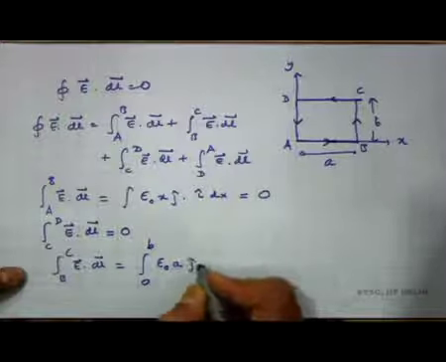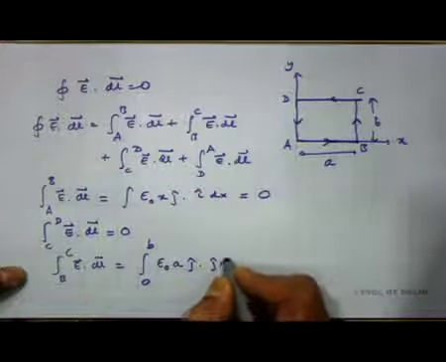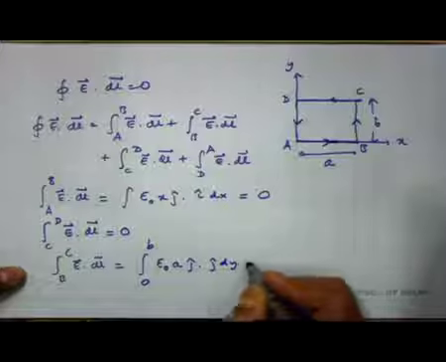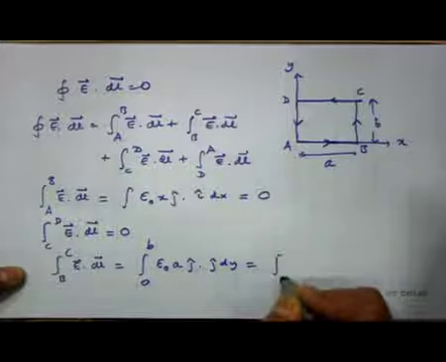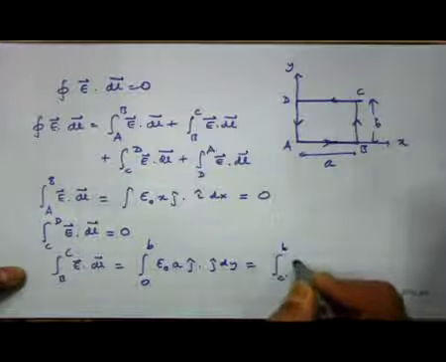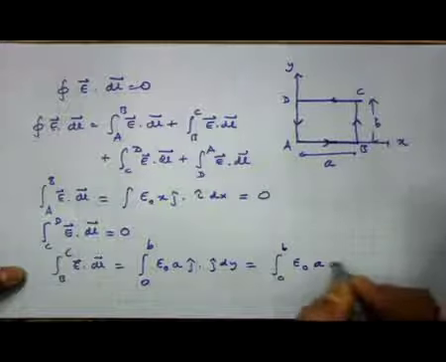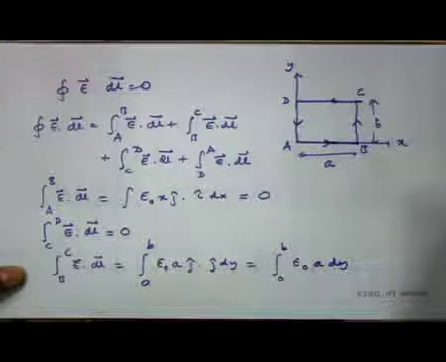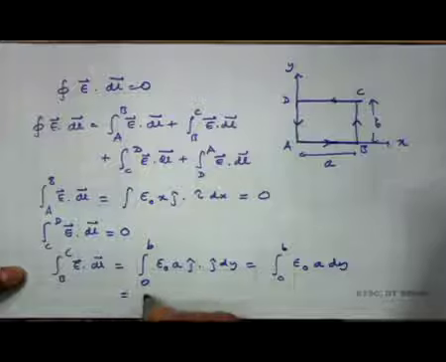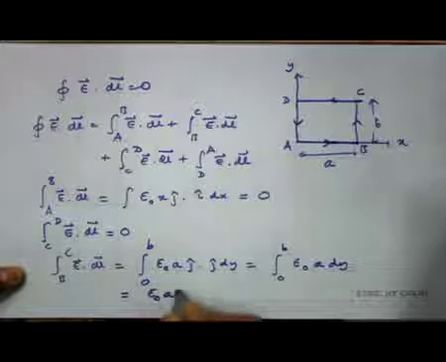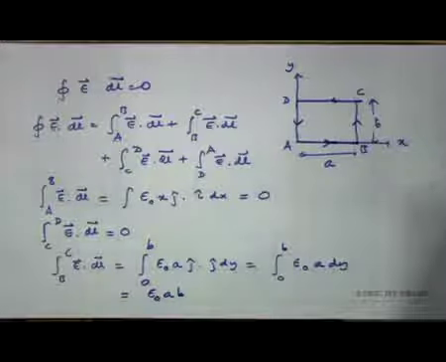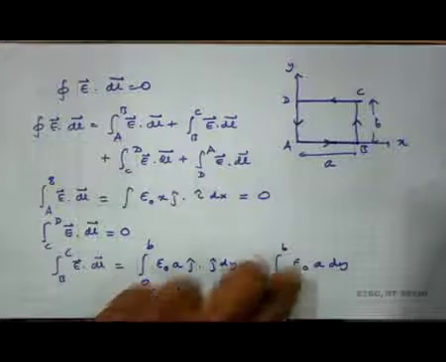So, E naught a j cap dot j cap dy, which is the integral 0 to b of E naught a dy, and E naught and a are constant. So, this is nothing but E naught times a b.